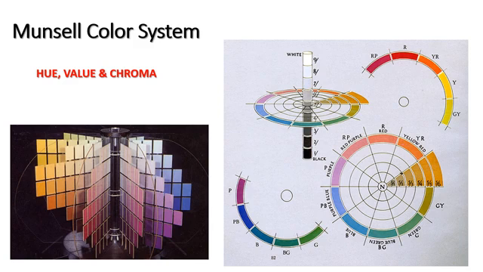The Munsell color system is a color system that specifies color based on three color dimensions: hue, value, and chroma. Basically, Munsell wanted to create a rational way to describe color that would use decimal notation instead of color names.